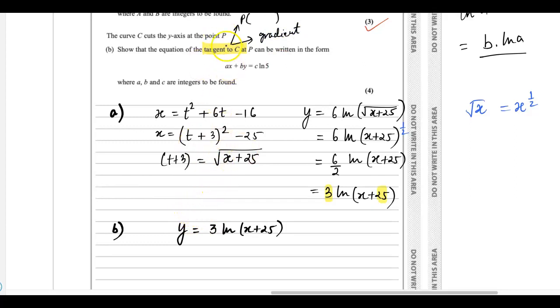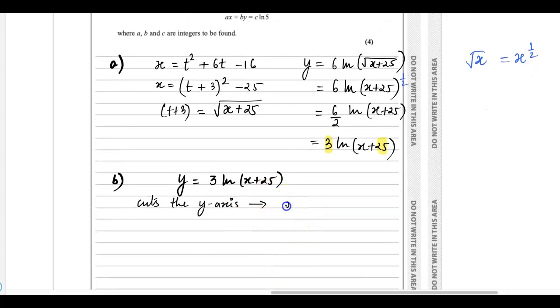For coordinates, because it says it cuts the y-axis, what does it mean? It means we have to substitute x equals 0 there. So if we substitute x equals 0 here, it's going to be y equals 3 ln 0 plus 25, which is 25.